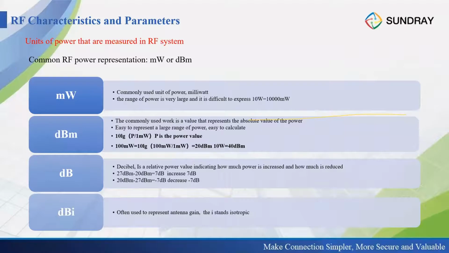Remember, there's a difference. When we say the signal is increased by 7 dB, 6 dB, we use dB, not dBm. And the last one is dBi. dBi is used to present the antenna's gain. You can think that it just applies to different scenarios in our daily usage. There's no big difference between dBm, dB, and dBi, but they are used in different scenarios.